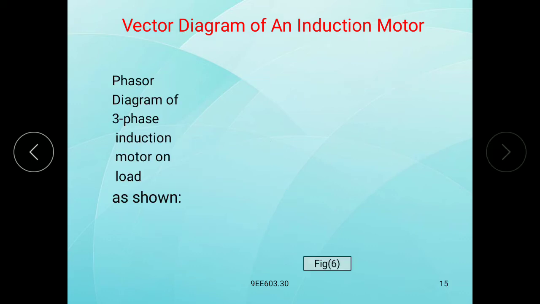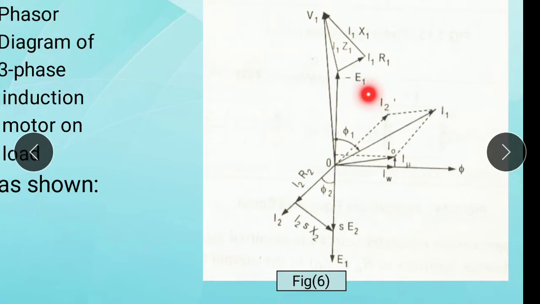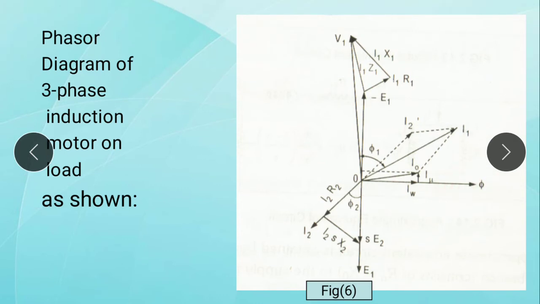So here is the three-phase phasor diagram. This is the reference flux. Flux is the reference for stator and rotor. I naught is the combination of IW and I mu.